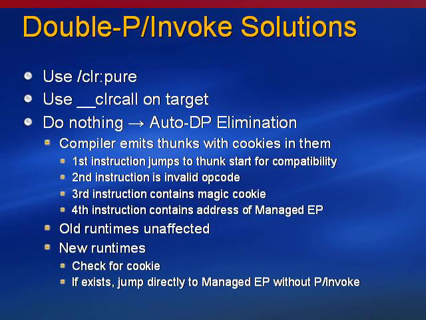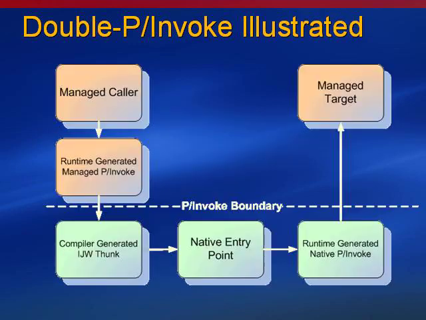So what happens is that the runtime is going to look for this cookie. But if you're an old runtime, you're not looking for the cookie, it doesn't matter because it's fully compatible. You can still do that jump through and it all works. If you're a new runtime, you check for the cookie, you see the existence of this invalid opcode and this magic number, and then you just check the next DWORD here, you get the managed entry point that you actually want to call into, and you do a direct jump without ever having P invoked.